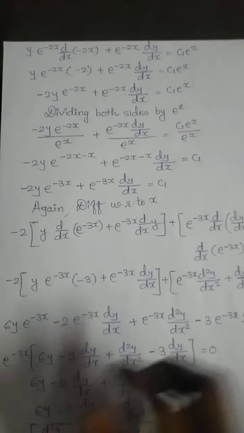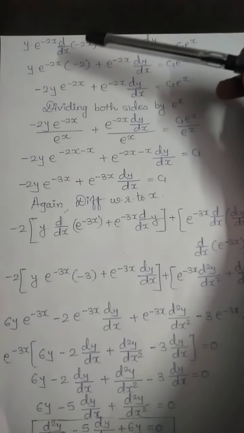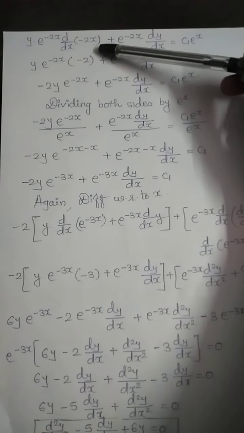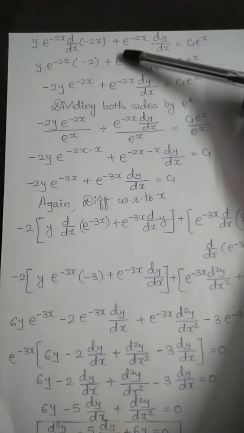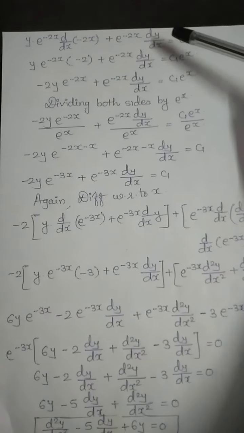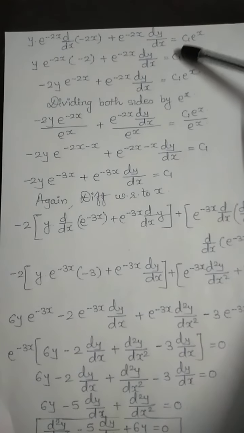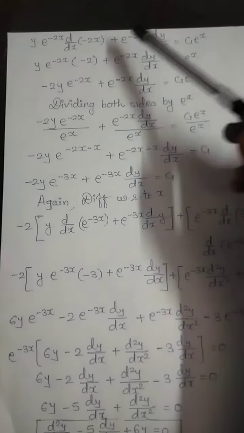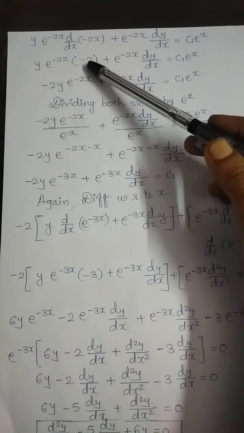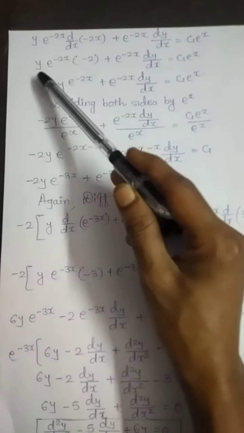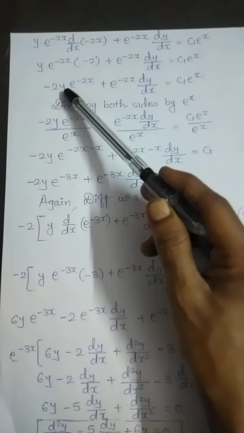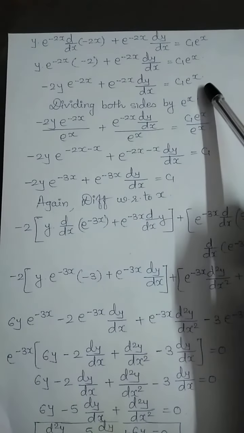Now after differentiating we will get y into e raised to minus 2x as it is into derivative of minus 2x plus e raised to minus 2x into derivative of y with respect to x as dy by dx is equal to c1 e raised to x. Now derivative of this term is minus 2, and this minus 2 and y will become minus 2y, and remaining terms will be as it is.